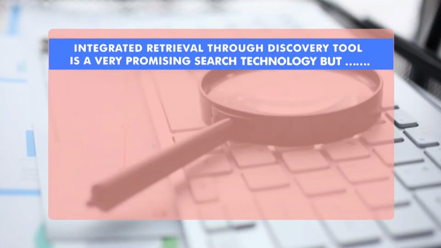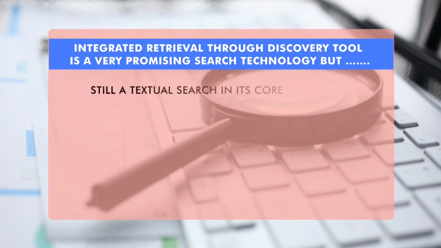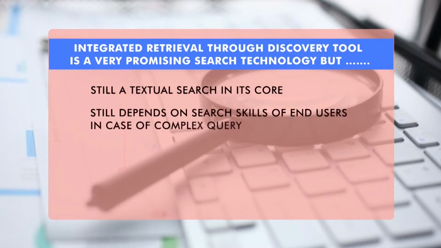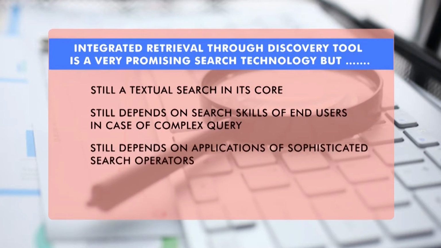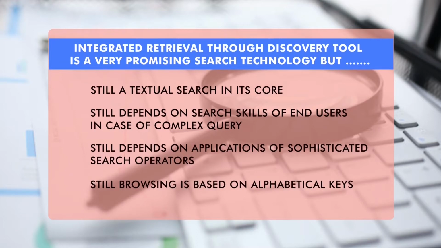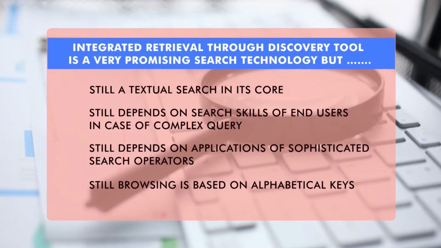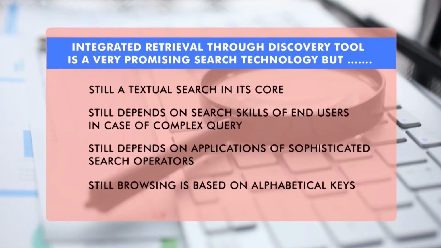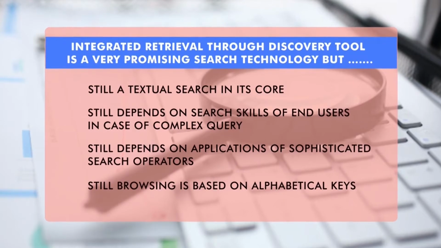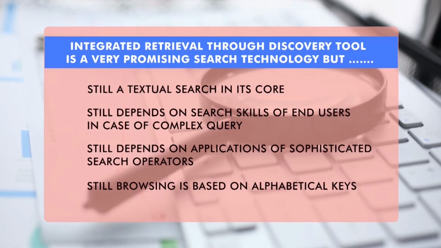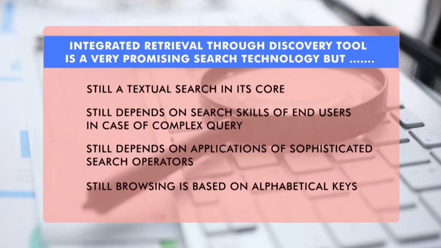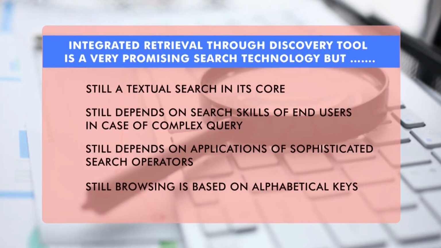But even in an integrated retrieval system, using a discovery tool like VuFind, Blacklight, Solr based tools, etc., there is still a problem in searching, where users need to set different Boolean operators to retrieve related resources where place names are very important.